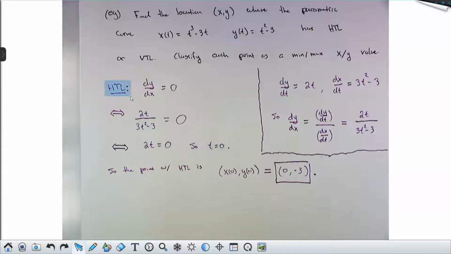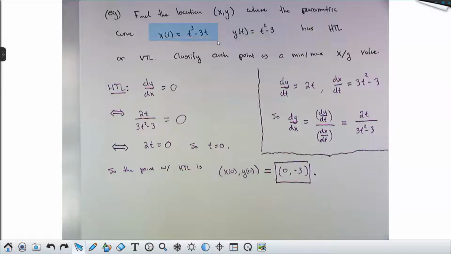So that tells me I have a horizontal tangent line at the point on the curve associated with t equals 0. And my last step is to find that point. So what is the point where t is 0? Well, I take the x and y equations and I plug 0 into both of them, right? That point is going to be x of 0, comma, y of 0, the point on the parametric curve where t is equal to 0.